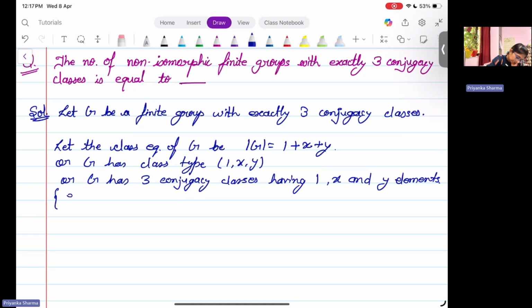Identity element belongs to G always, and the conjugacy class of identity is identity itself. Because whenever we take x e x inverse, this will be identity. So the conjugacy class of identity cannot contain any element other than identity.